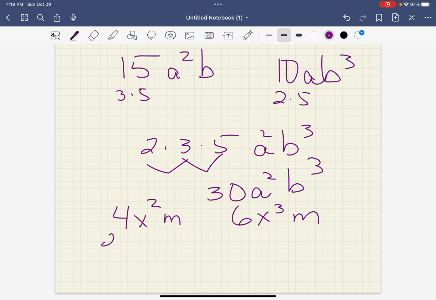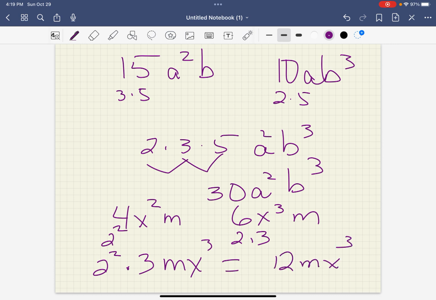But in case you don't, remember that's 2 squared and that's 2 times 3. So that would be 2 squared times 3. Then we need an m and we need an x. And the highest exponent on the m, there's just 1. And on the x is a cube. So this would be 12mx cubed.